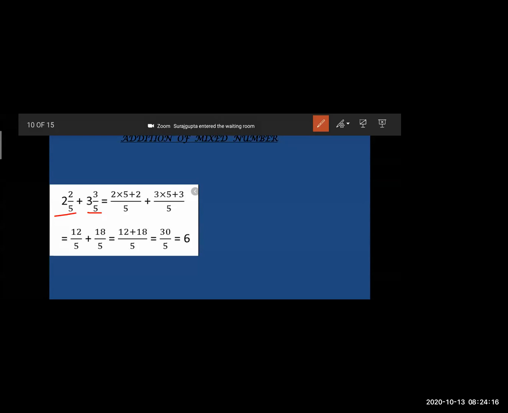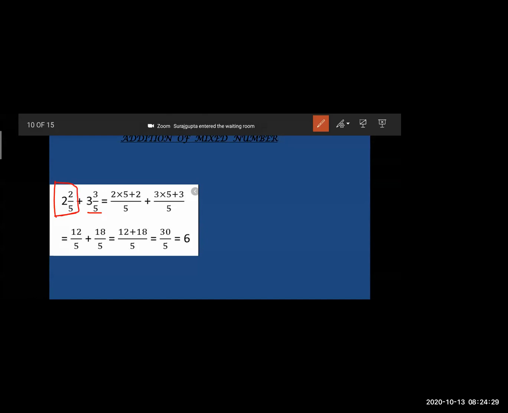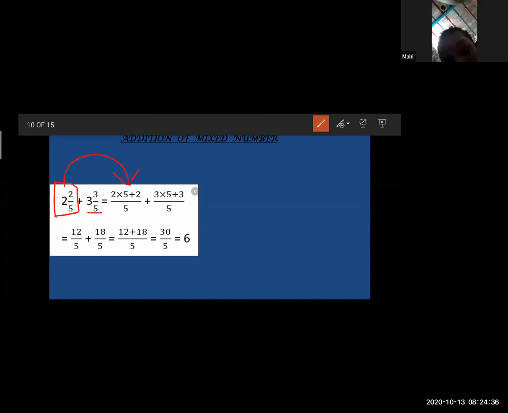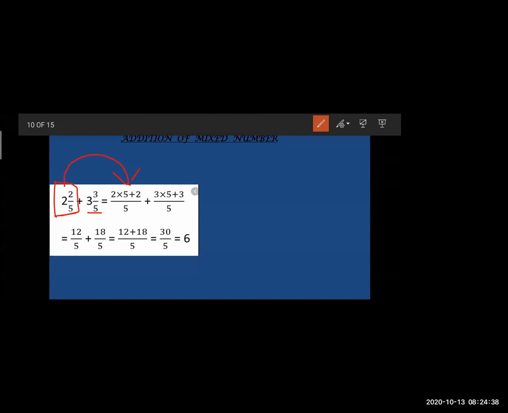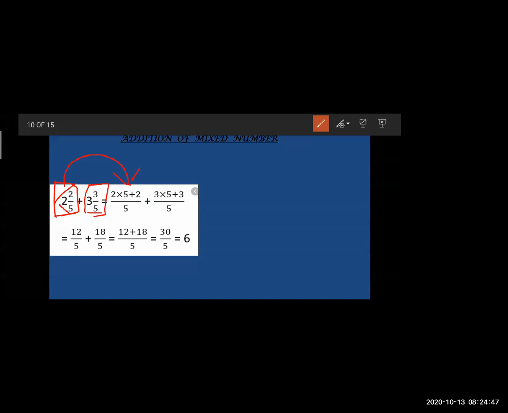Okay, very good. What we are going to do is convert the mixed fraction into what? Improper fraction. This is the step. We are going to convert the mixed fraction into an improper fraction. So 2 multiplied by 5 plus 2. And then what about this?